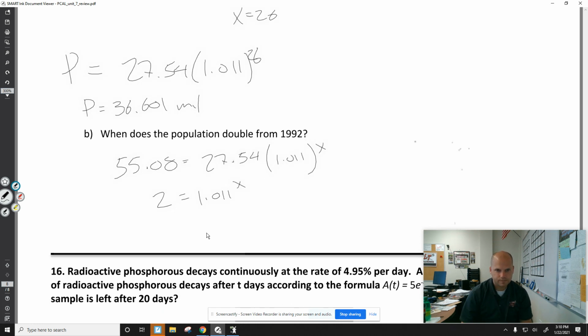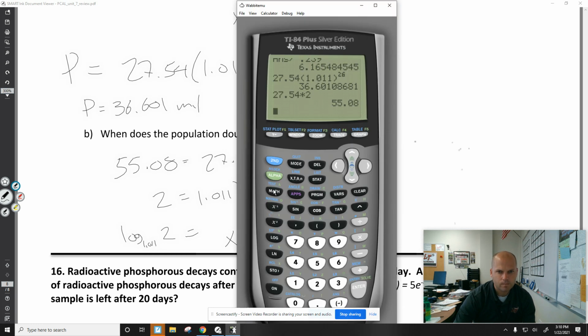Log base 1.011 of both sides is our answer. 63 years.